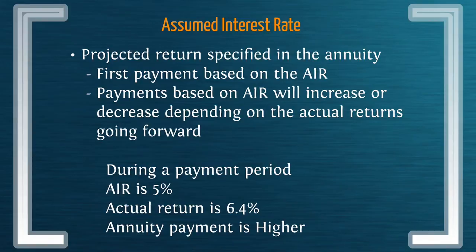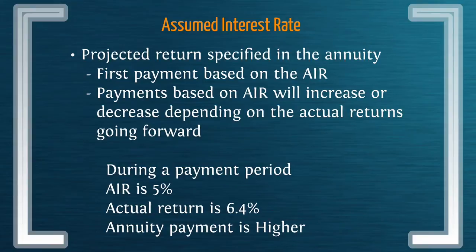Now, if the actual return is 5%, they'll receive the expected projected annuity payment exactly as planned. But if the returns on the investment are higher, in this case 6.4%, they'll receive a little bit of a bump in their annuity payment. They won't receive a direct correlation of the investment.